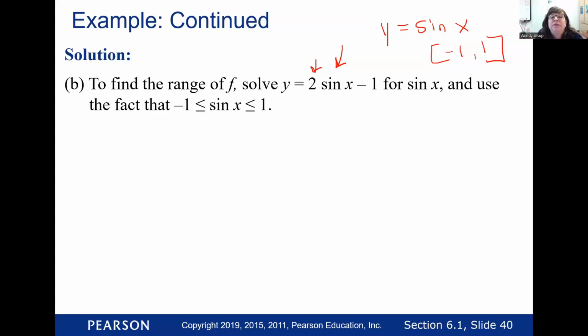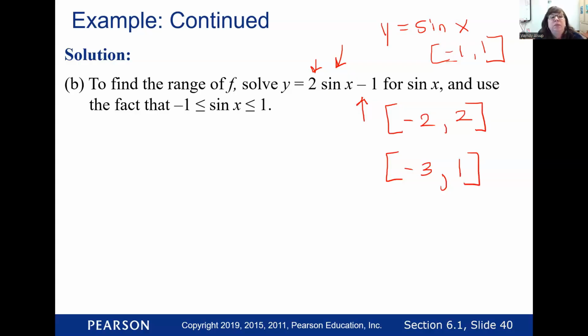So if you were originally going from -1 to +1 with an amplitude of 2, you've stretched out from -2 to +2. But then we pick it up and move it down 1 on the y. So instead of being at -2 on the y, you moved it down 1. It was at -3 on the y. Instead of going up to 2 on the y, you move it down 1. You're at +1 on the y.